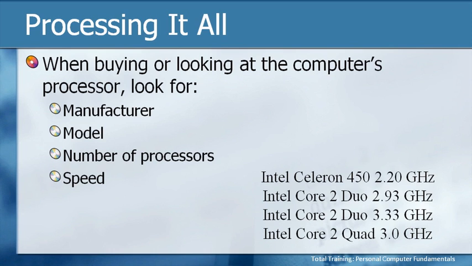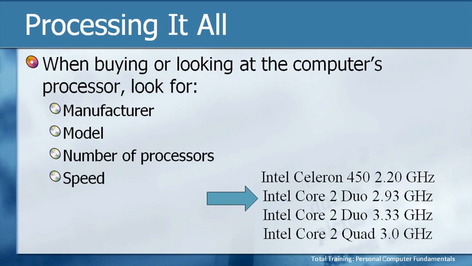So let's analyze these a little bit. The first one is an Intel Celeron 450 at 2.20 gigahertz. Now you may not know this, but a Celeron is kind of an entry-level processor, if you will. So just remember right now, it's a single-core processor, 2.2 gigahertz. If we compare that to the second one, it's also an Intel, but this is a Core 2.